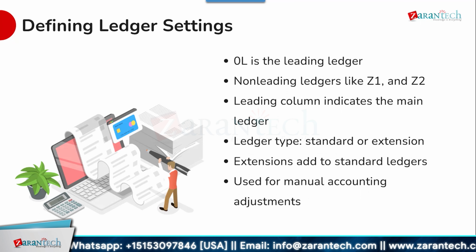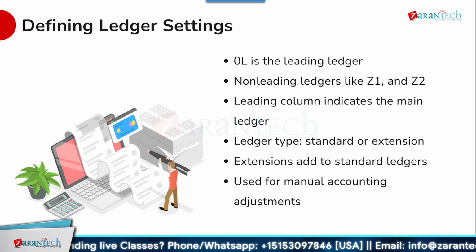Now, let us dive into the ledger settings to understand how exactly they work. In the world of financial accounting, the OL ledger is your primary or leading ledger. It serves as the foundation for all financial reporting. However, businesses often require more flexibility, which is where the non-leading ledgers come into play, such as Z1 and Z2.